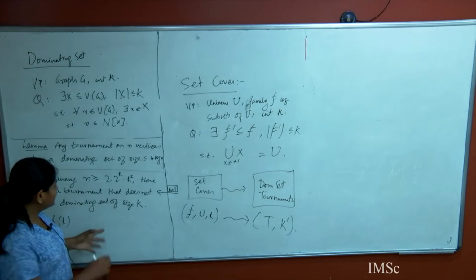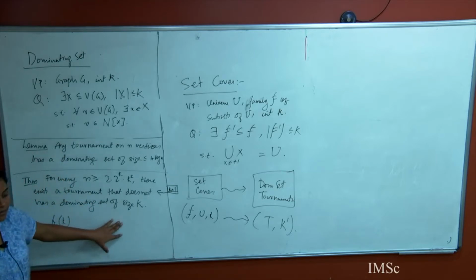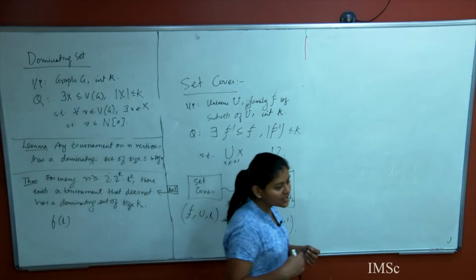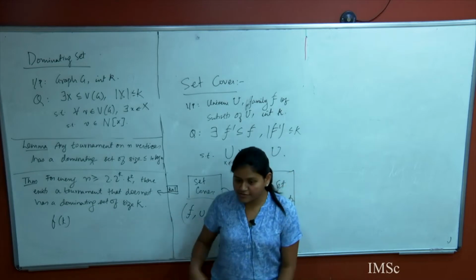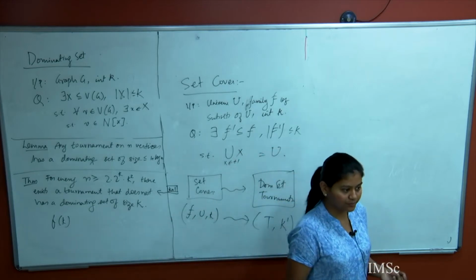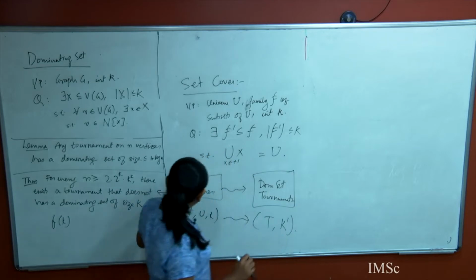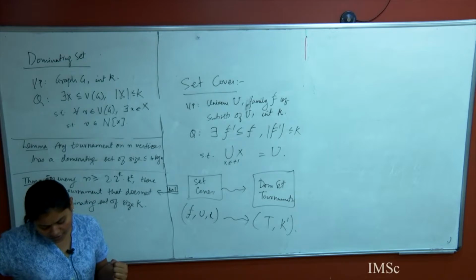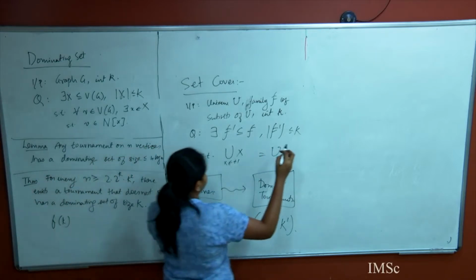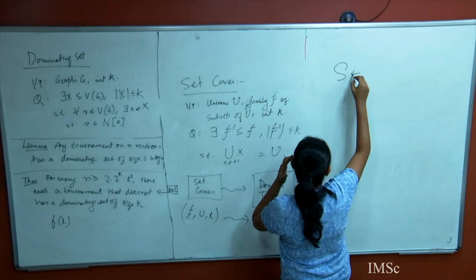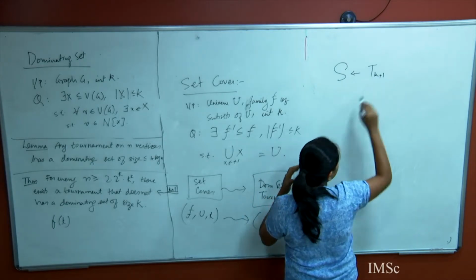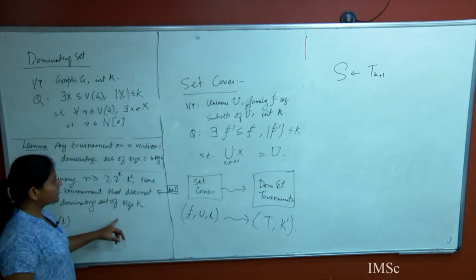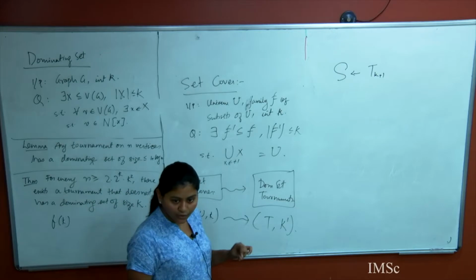We argued that such an object can be computed by enumeration. If you enumerate all possible such digraphs, by this theorem you know that there exists one, so you will be able to find one by enumeration. Let us compute this object for k plus 1, and we will denote it by S. This is a tournament which satisfies the property that it has no dominating set of size k plus 1.